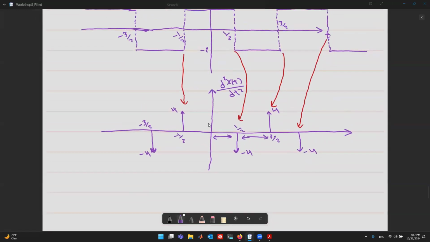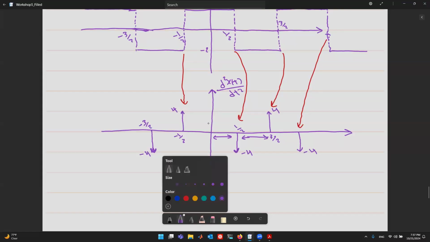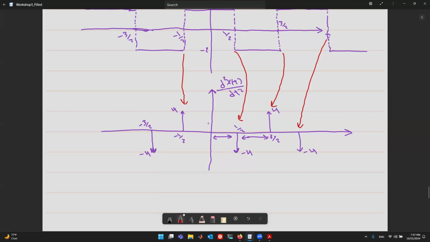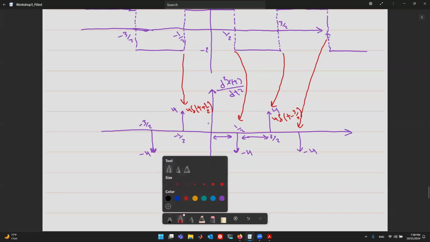So we have here 2 impulse trains. One of them is scaled by 4, the other one is scaled by minus 4. This is 4 delta(t + 1/2), shifted to the left by 1/2 and scaled by 4. This one is shifted to the right by 3/2 and scaled by 4, so it's 4 delta(t - 3/2).